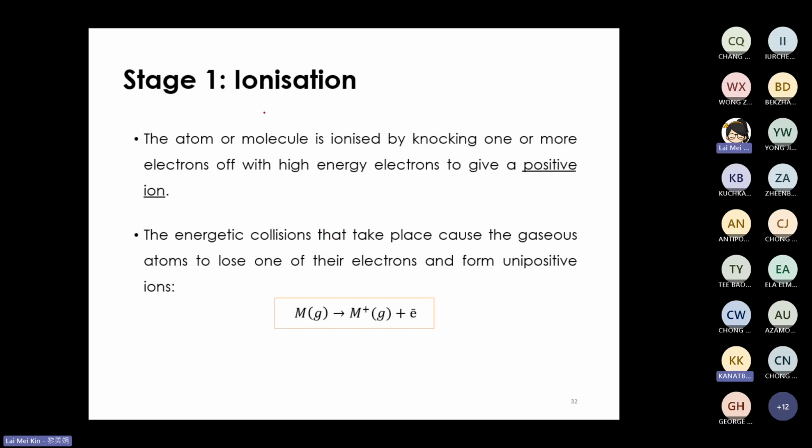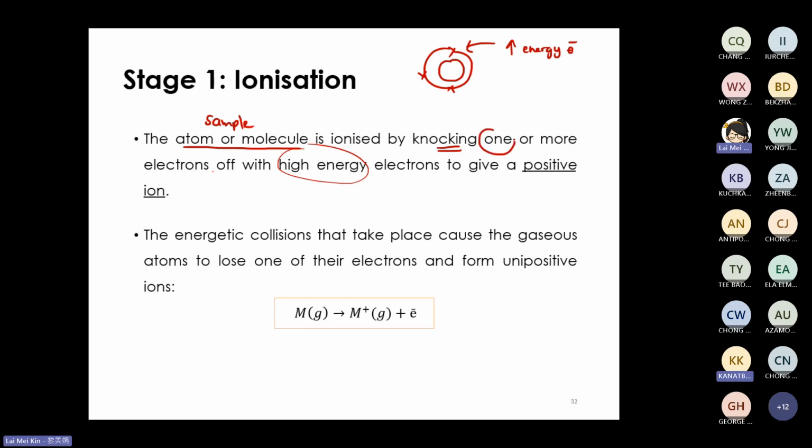All right, so ionization. What happens in this first stage, ionization? My sample is being ionized. How does that happen? I knock an electron out with a high energy electron. Remember I mentioned just now, I have the electrons. I shoot with a high energy electron to remove 1 electron out.